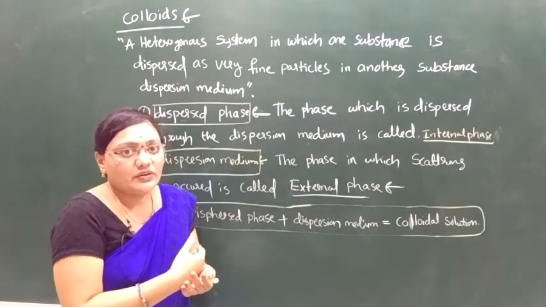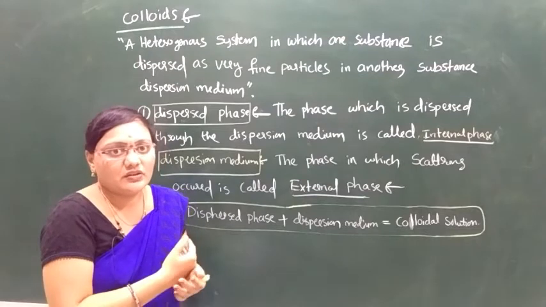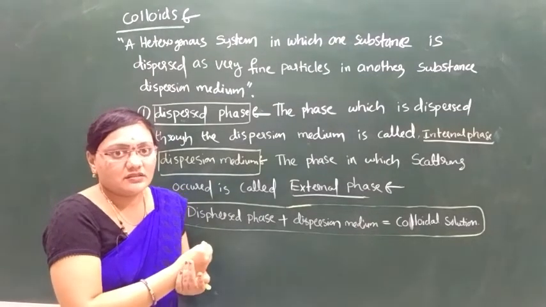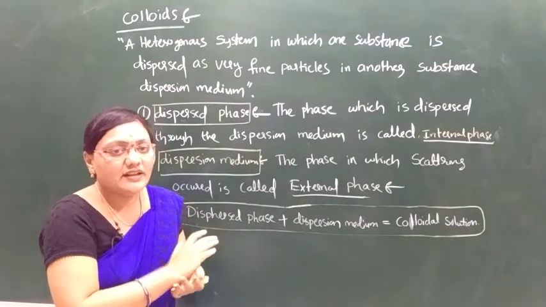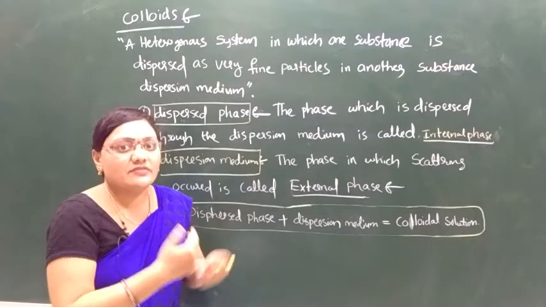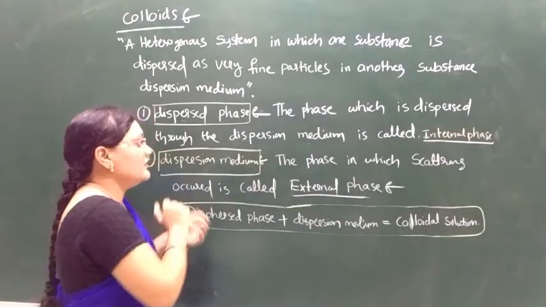For example, milk: the vitamins and fats in water. We can't see the fats and vitamins, that is the internal phase. Milk is visible, that is the dispersion medium.